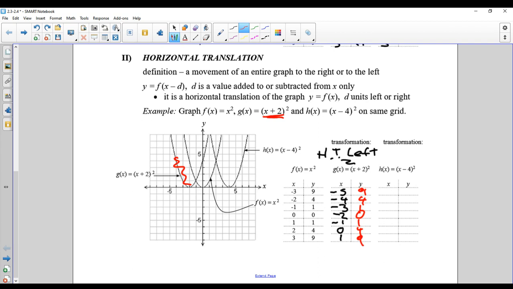Those do not change because I'm not doing a vertical. I'm doing a horizontal, which affects the x's in a backward manner, right? If I want to shift to the left, I add 2 to each of the x's, and then I square. If that made sense, let's try this on the other one.